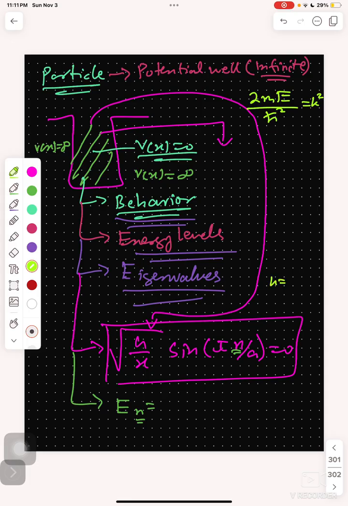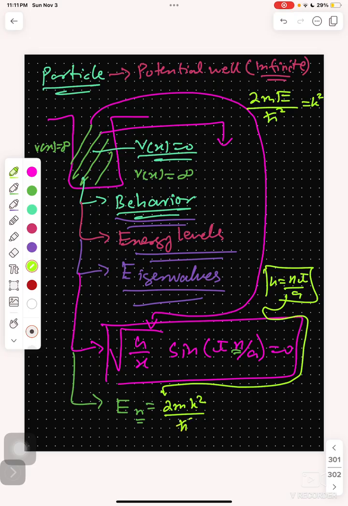K is n pi over a. Okay, this is what it was. So we insert this, and we get h bar square pi square n square over 2m a square. This is what we get.